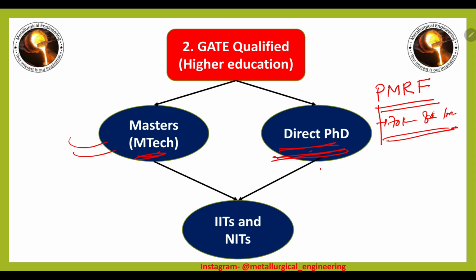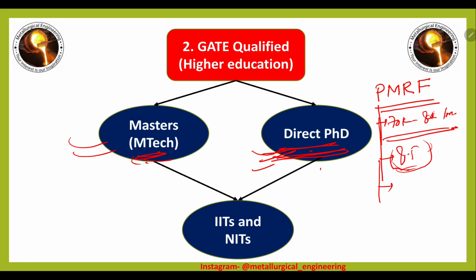What is the criteria? You need at least 8.5 CGPA in your bachelor's degree, and that is the main criterion. If you have some research publications, that will be an advantage. You can consider this option if you are interested in pursuing a PhD from IITs and NITs. Another option is to do an MTech from IITs and NITs.